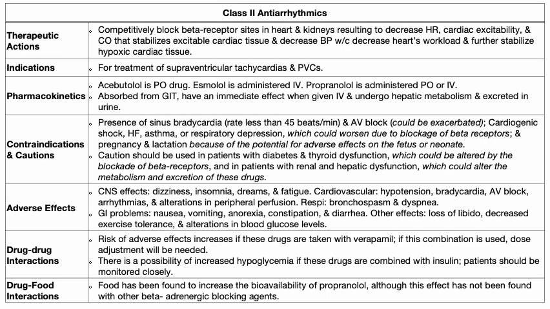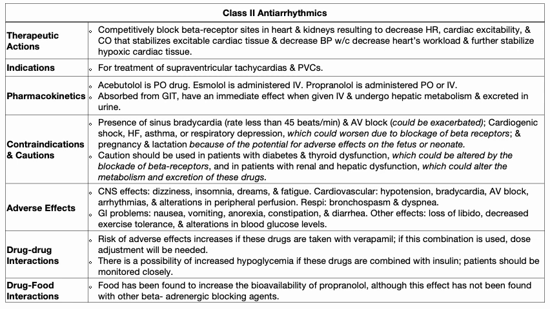Then we also have class 2 antiarrhythmics, which are beta-adrenergic blockers that block beta receptors, causing a depression of phase 4 of the action potential. Several beta-adrenergic blockers such as Sectral, Brevibloc, and propranolol or Inderal are used as antiarrhythmics.